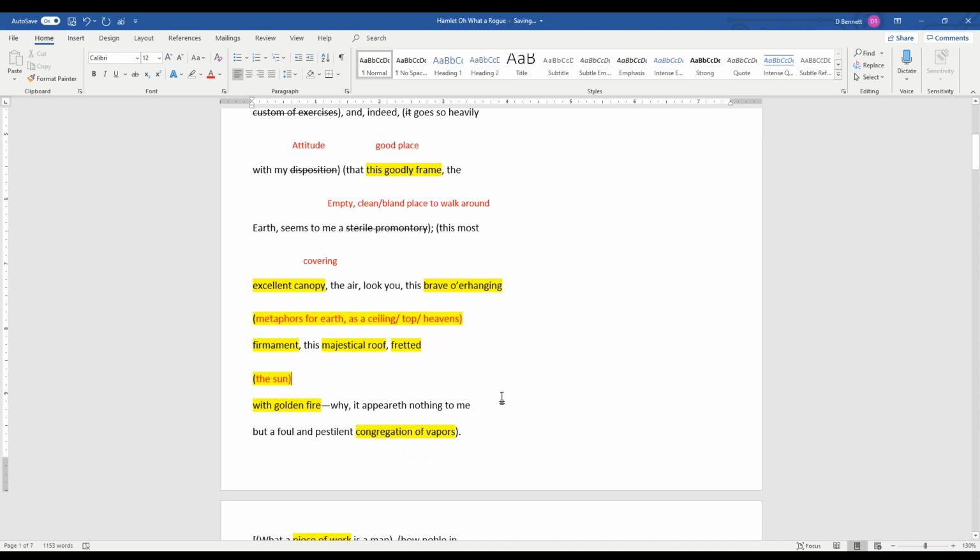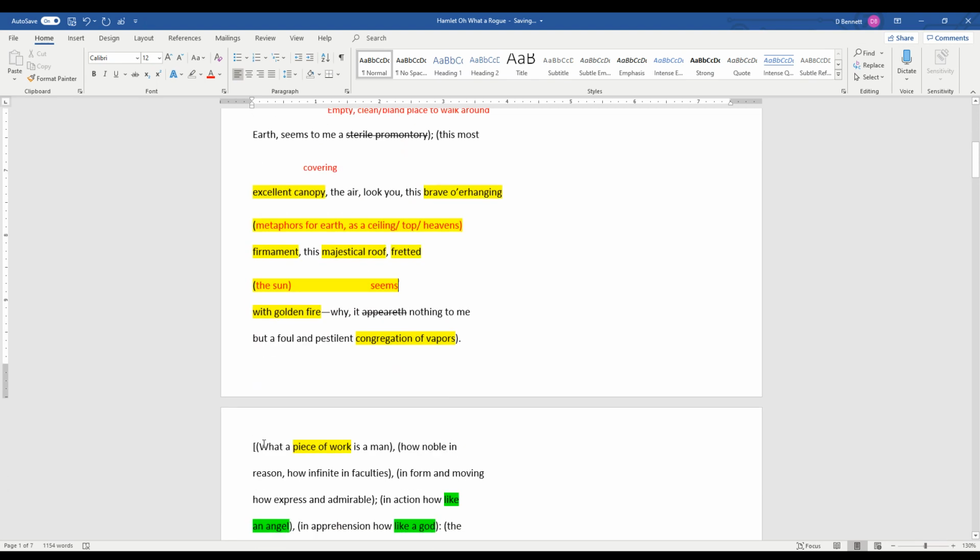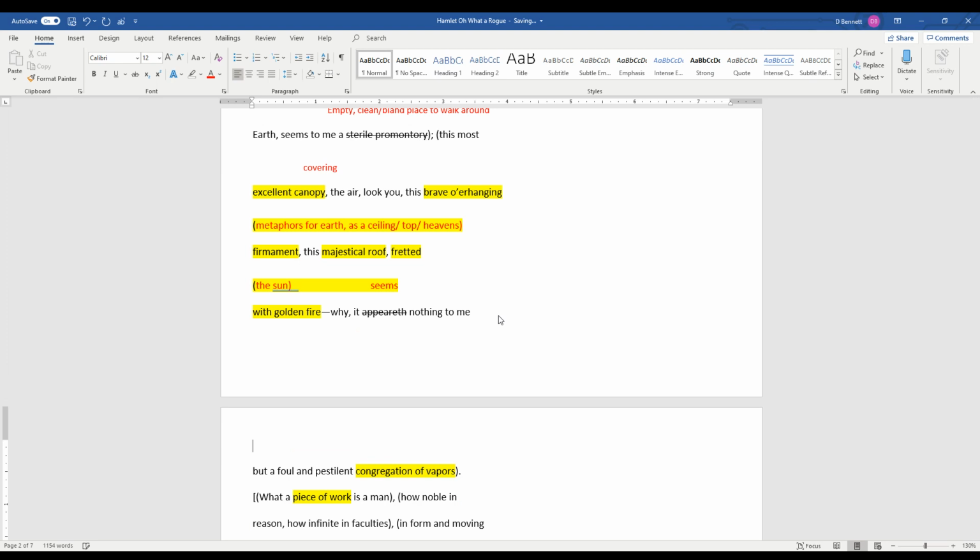All those things, he says, appeareth nothing to me but a foul and pestilent congregation of vapors. So appear, this is another example or appearance of the seem. So it seems to me nothing but a foul and pestilent congregation of vapors.